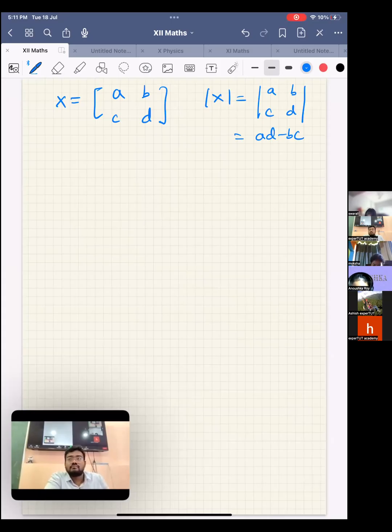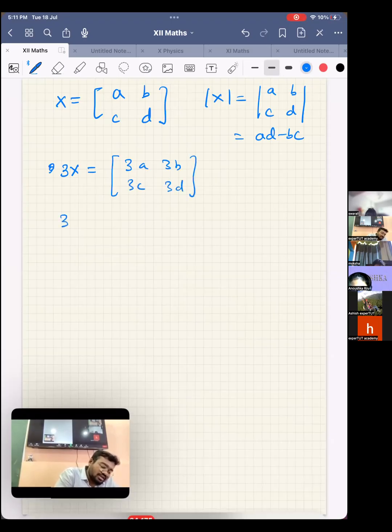Now let's say 3X. When you multiply by 3, you're multiplying every element by 3. So the matrix becomes 3a, 3b, 3c, and 3d.